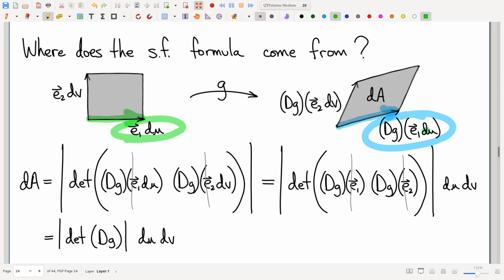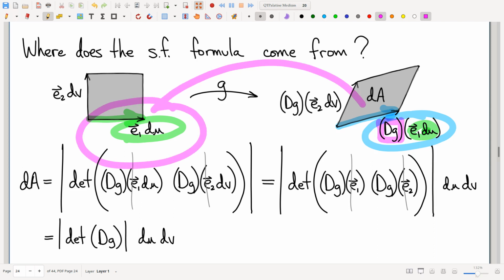And remember, furthermore, that the derivative matrix is what turns input vectors into output vectors. So knowing what I have on the left, multiplication by dg gives me what I have on the right. All right? So there you go.